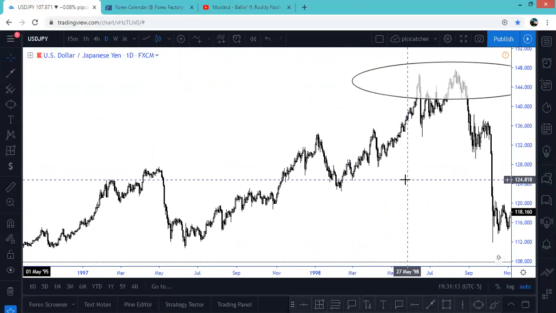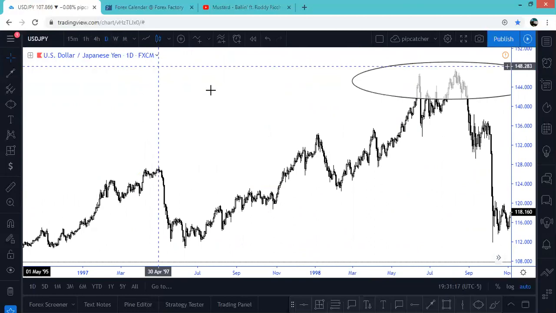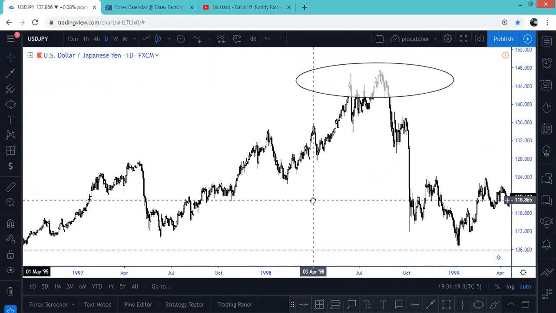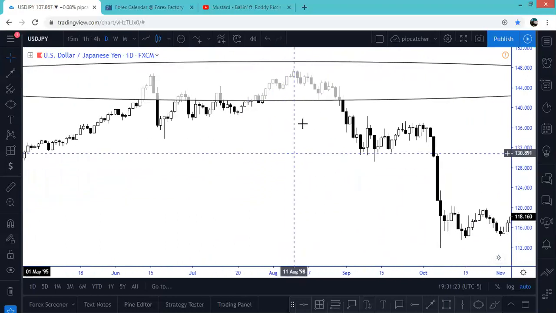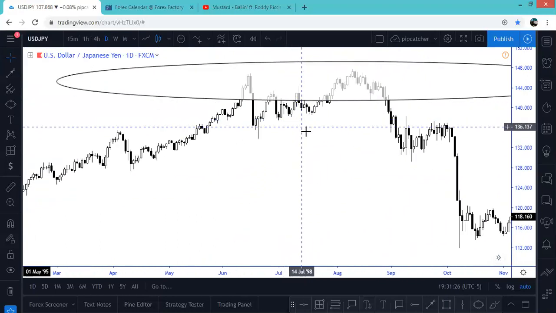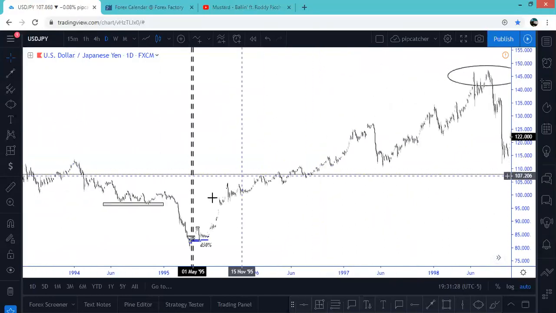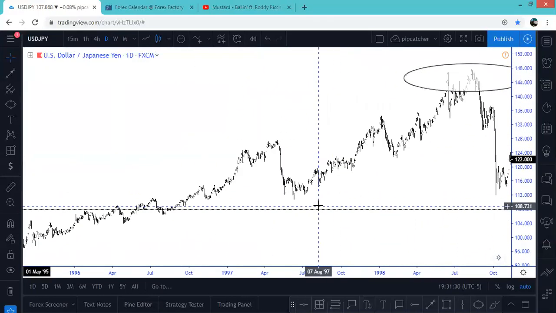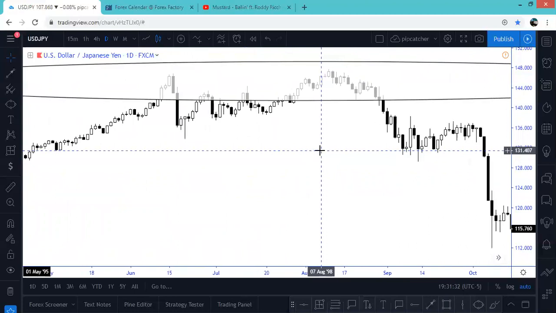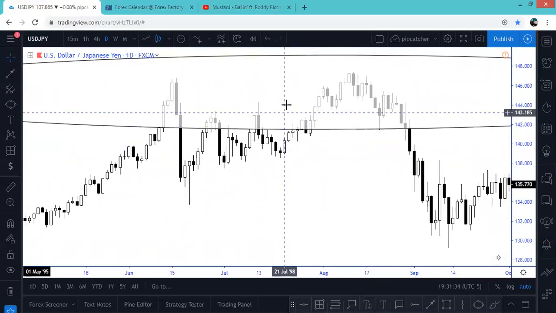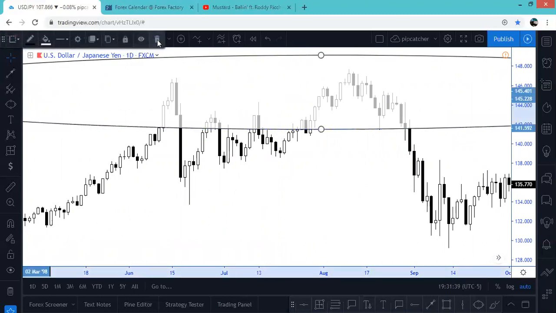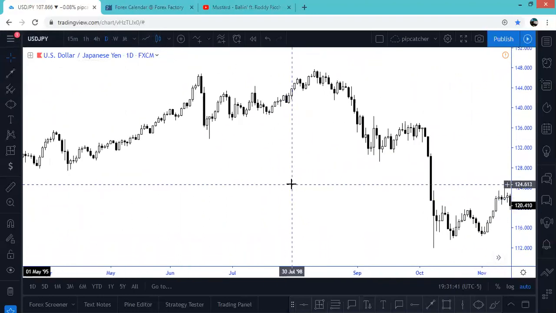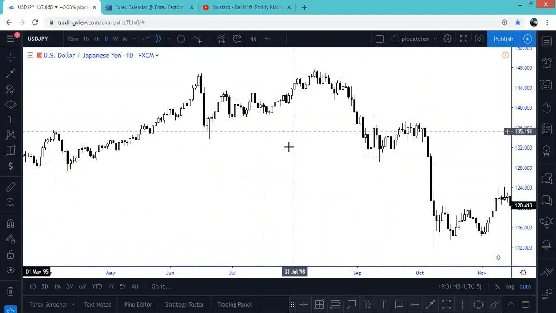So for now, let's just stick to the higher time frame major reversals. So what happened in this area right here? When we get through this whole swing right here, what happened in this area? Okay, I can delete this now. So what happened in this area?